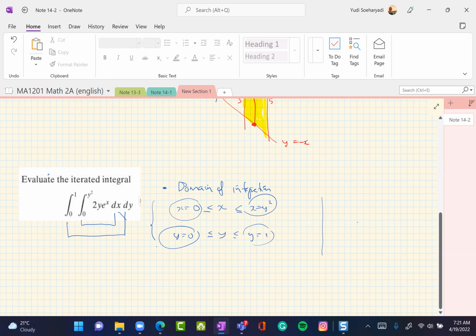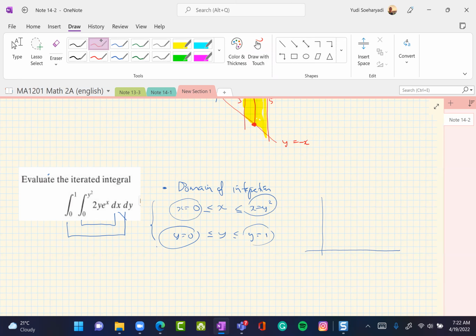All right, this is x equals y squared. So x equals y squared is the same as y equals square root of x. So this is square root of x. This is x equals 0.